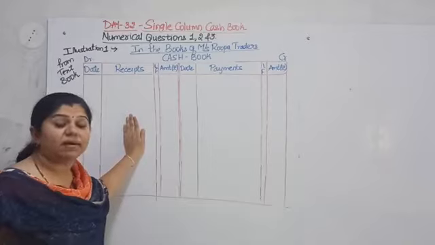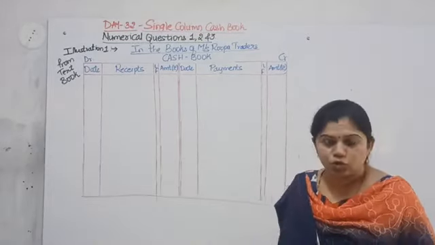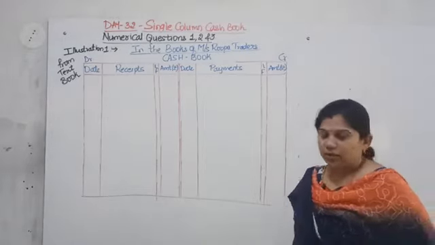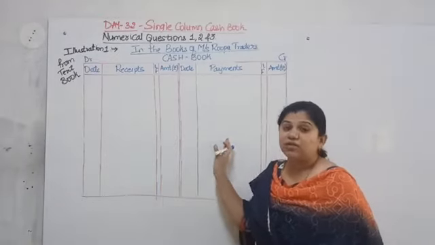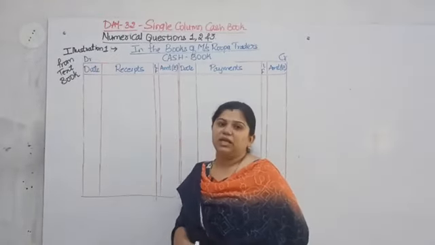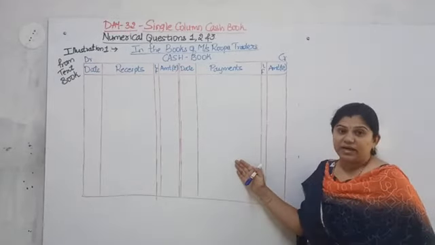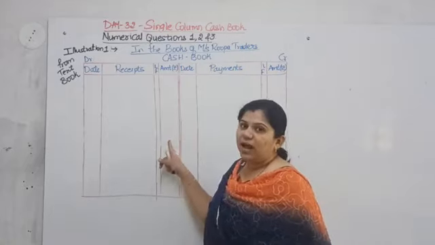Second, we have written receipts instead of particulars. You can write particulars, but it is advised that you write receipts because it becomes very easy while recording. Receipts means where the money is coming in. On the opposite side, you write payments, wherever you are paying the money. Then the LF column and amount.